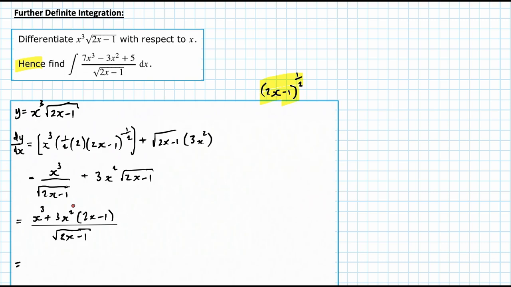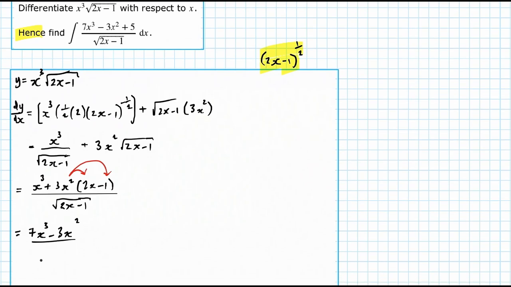So from there we can multiply across 3x squared times 2x and 3x squared times minus 1, and we end up with something kind of close to what we have now in our integral above. So 7x to the power of 3 minus 3x squared. We're kind of missing a plus 5, which doesn't matter right now. It might make you wary, but the whole point is that you see it so you can recognize that something has to be done.